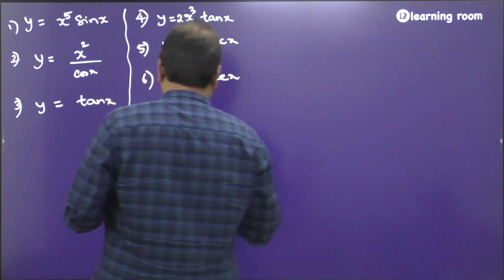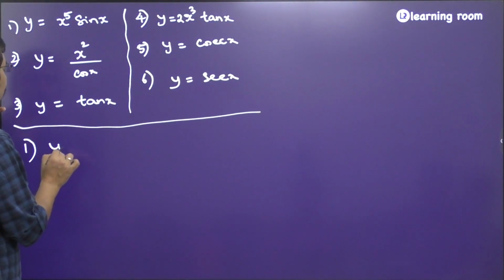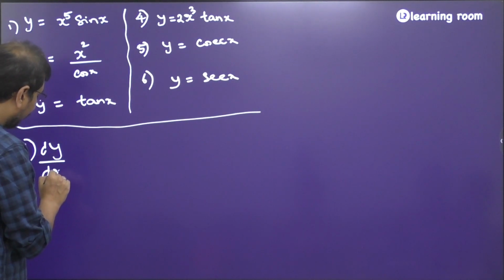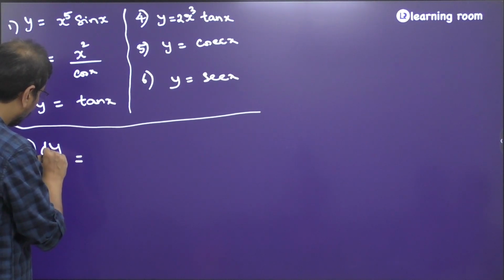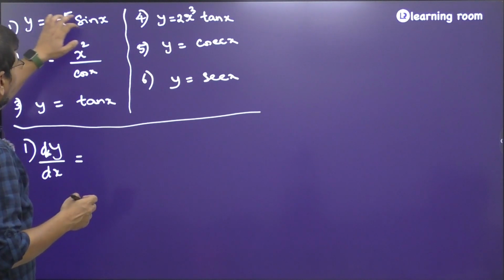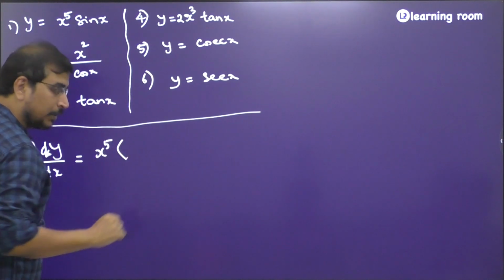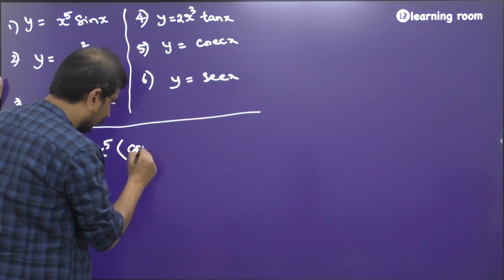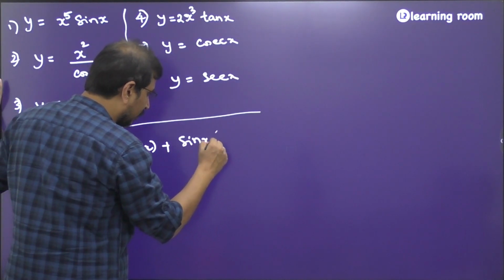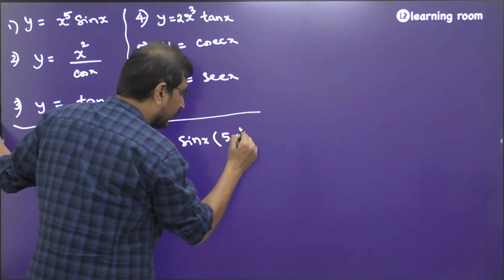So listen, for the first one, y is equal to x power 5 sin x. So dy by dx will be equal to first function into derivative of second function, that is cos x, plus second function into derivative of first function, which is going to be 5x power 4.